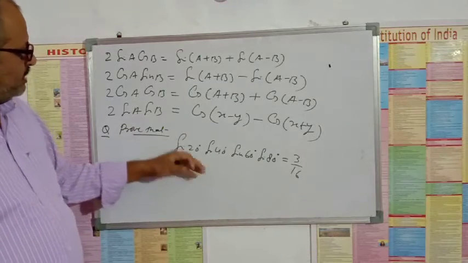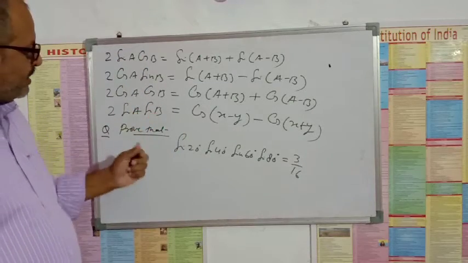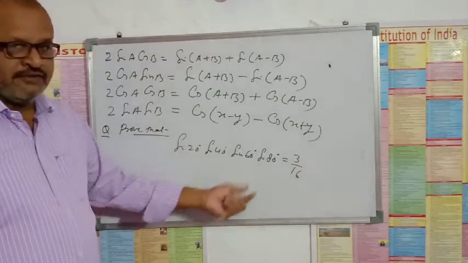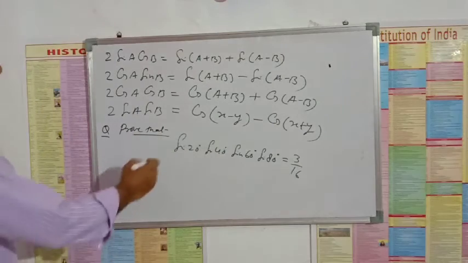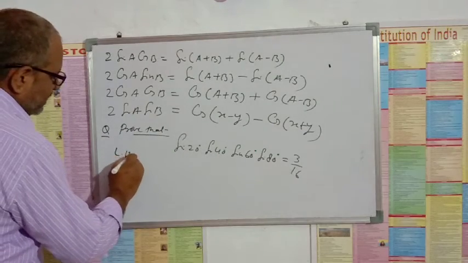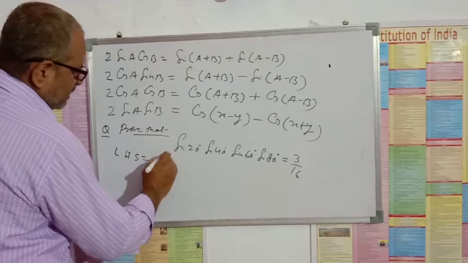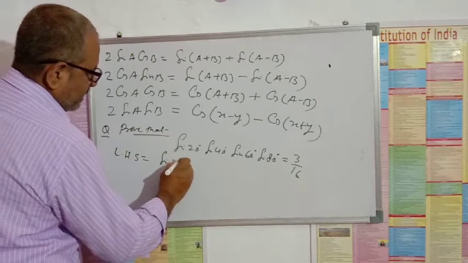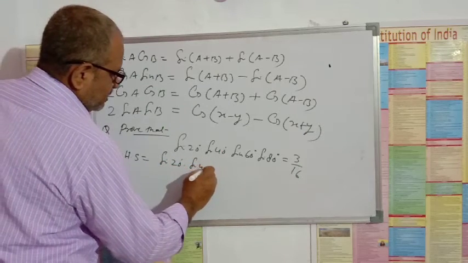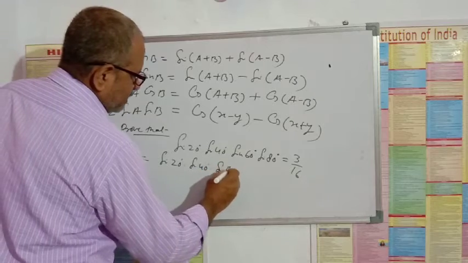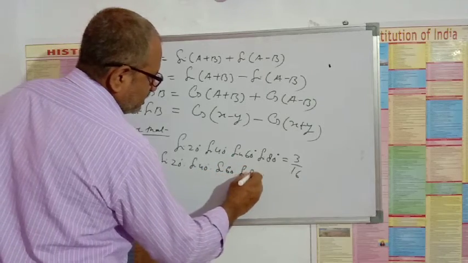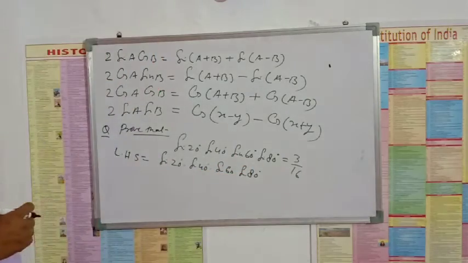In this problem, we will apply this identity. Firstly, take the left hand side. LHS is sin 20, sin 40, sin 60, sin 80 degrees.